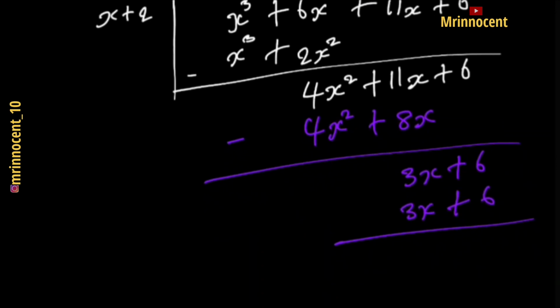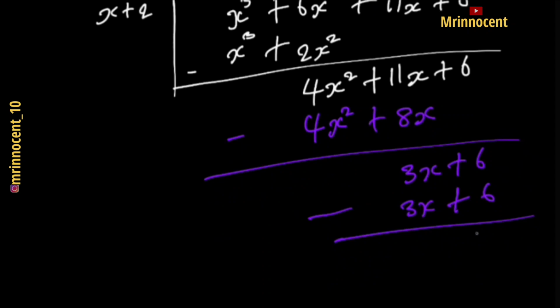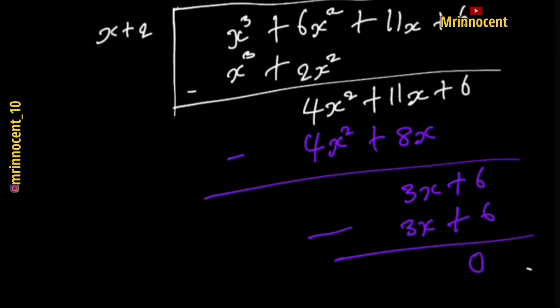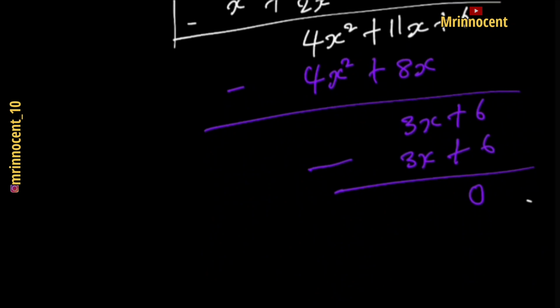So when you subtract it, you have 6 minus 6 is 0. 3x minus 3x is 0. So therefore, your answer is x raised to the power 2 plus 4x plus 3.